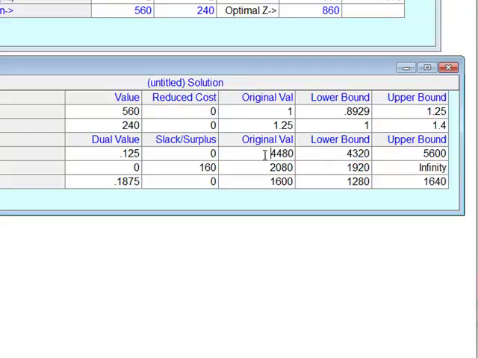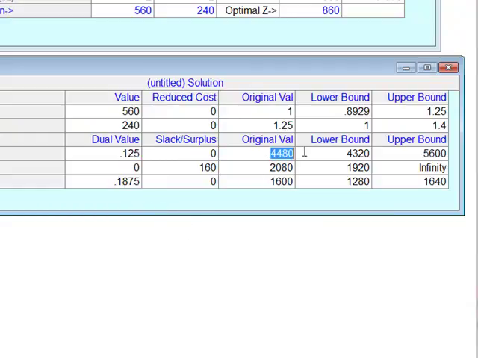That's good. So if I have 100 fewer ounces of whole tomatoes, my right hand side would be 4,380, which would still be within the range. And because it would still be within the range, the dual values would still remain valid.